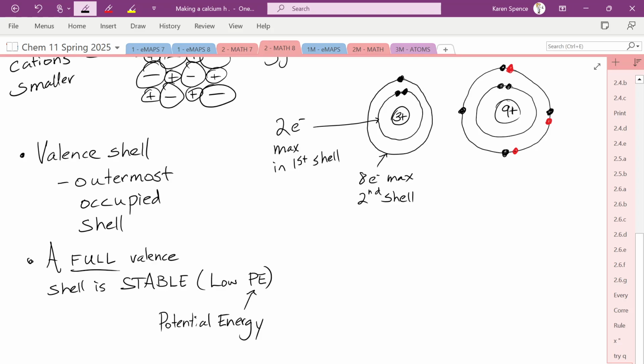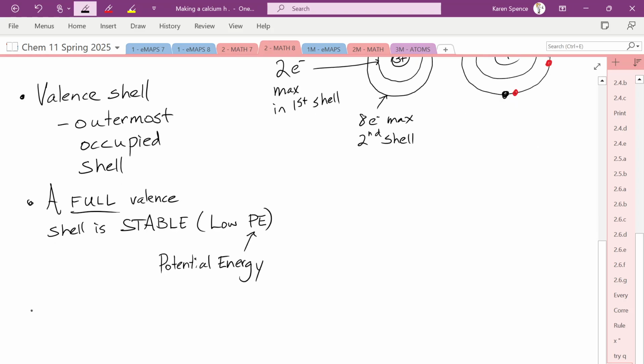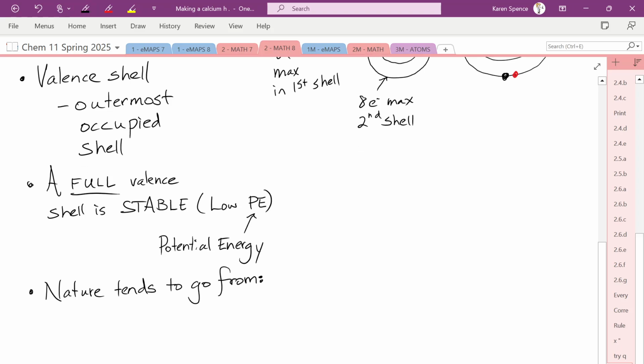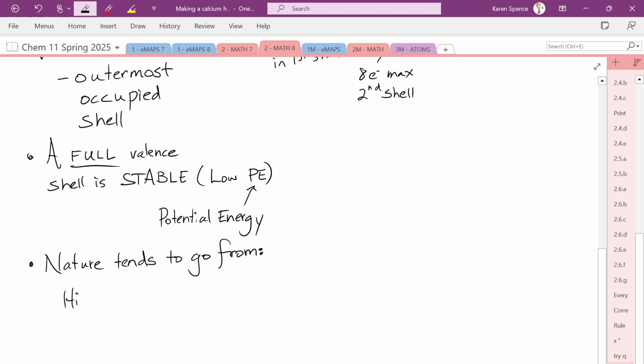Nature tends to go from high potential energy to low potential energy, from unstable to stable.